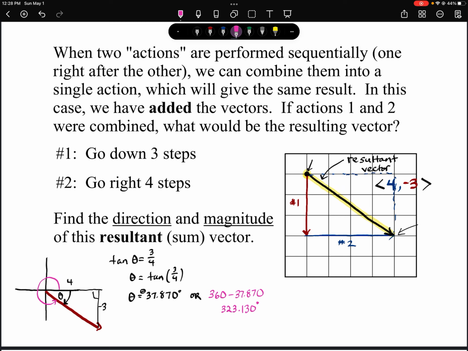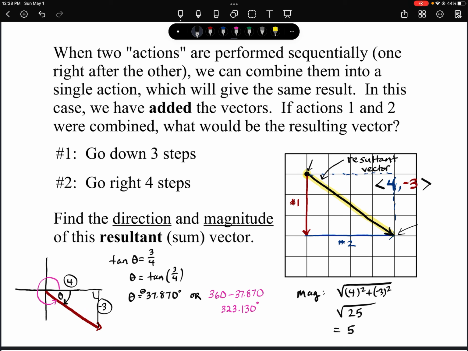As for the magnitude, this one's pretty easy, because if we look at the triangle's sides here, we've got a 4 for a leg, we've got a -3 for the leg. If we did 4 squared plus -3 squared and then took the square root, we're going to end up with the square root of 25, which is just 5.